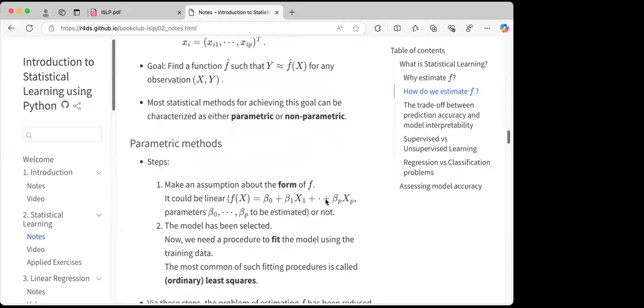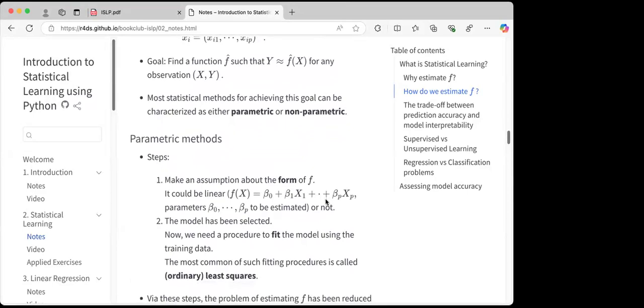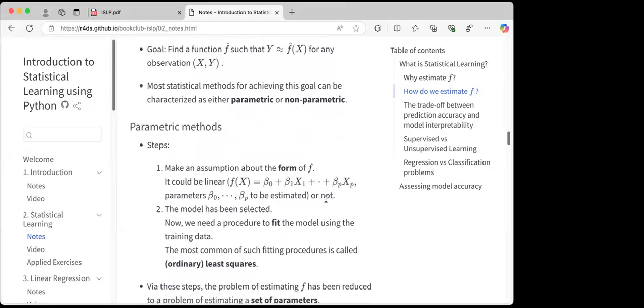Then the model has to be selected. Once we select the model, we need a procedure to fit the model using the training data.